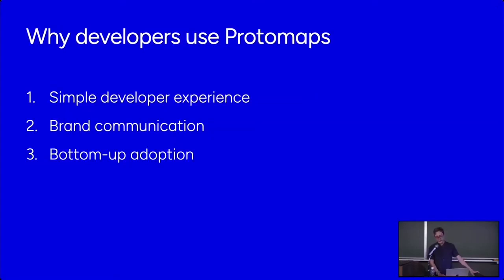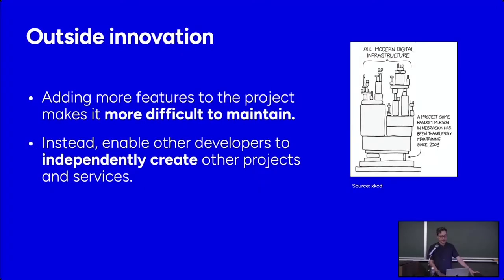So the last reason why I think developers use Protomaps is because there is a lot of outside innovation going on. And what outside means is that, going back to the goal of this project being quite small, only a couple thousand lines of code for the PMTiles format, for example, many other developers need to be able to create things on top of it independently. As features are added to the project, it becomes more difficult to maintain.